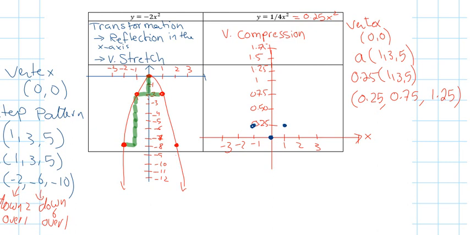So if I'm going to go up 0.75 from 0.25, where would I land? 1, right? So that's 0.25, 0.50, 0.75. So I'm going to land at 1, and then I'm going to move 1 to the sides.